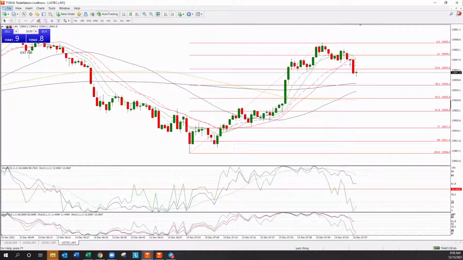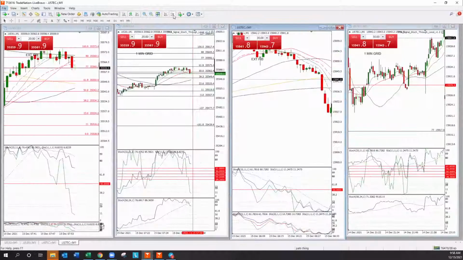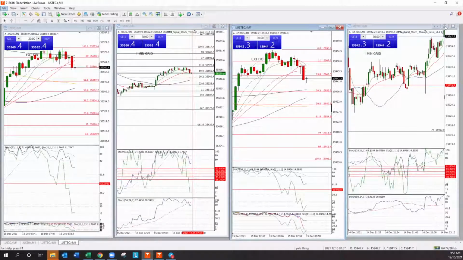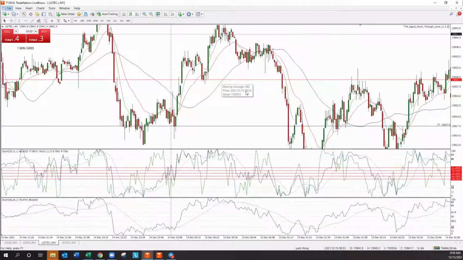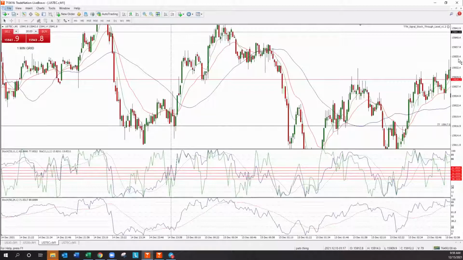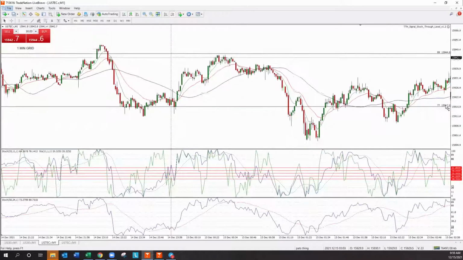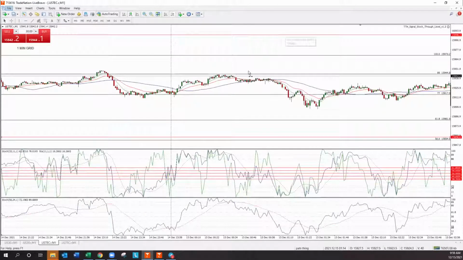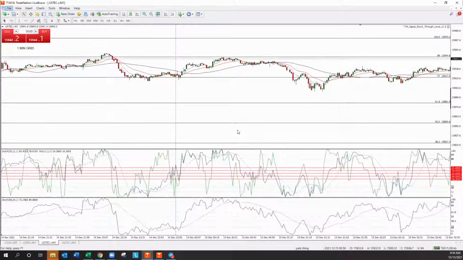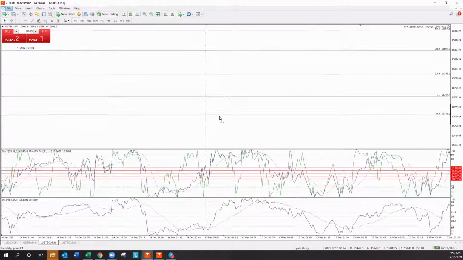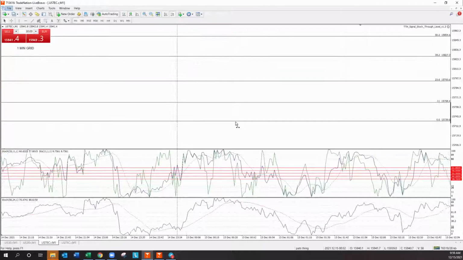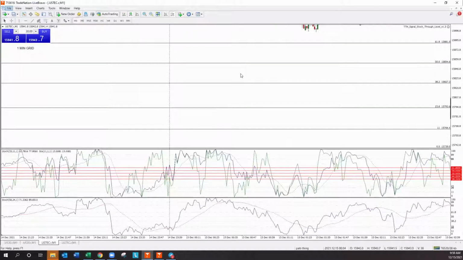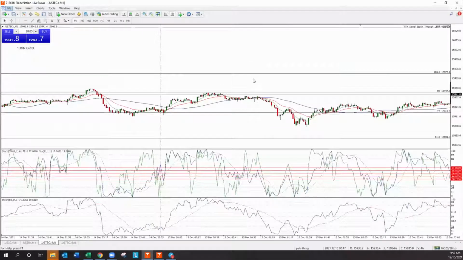Extension foot. The opening price level of the day, and that's important to us.